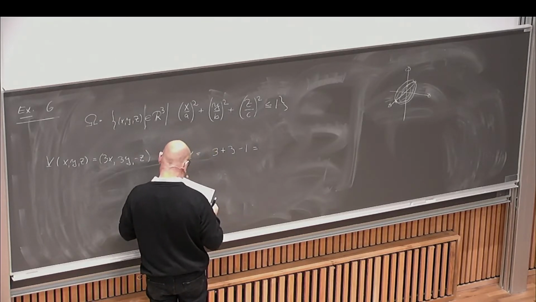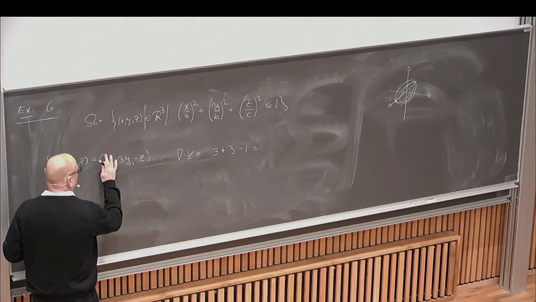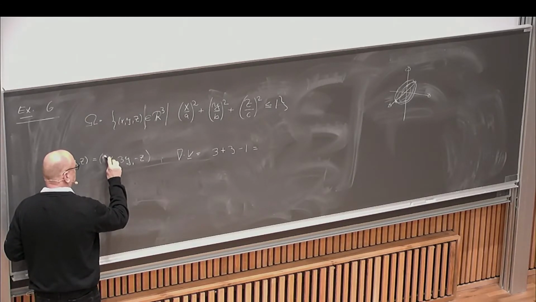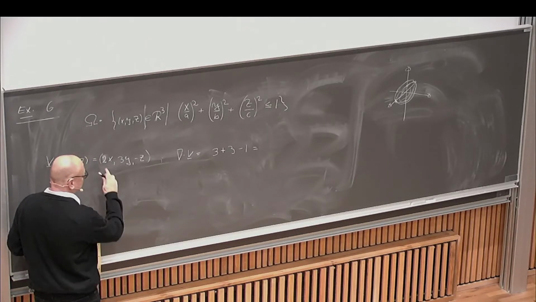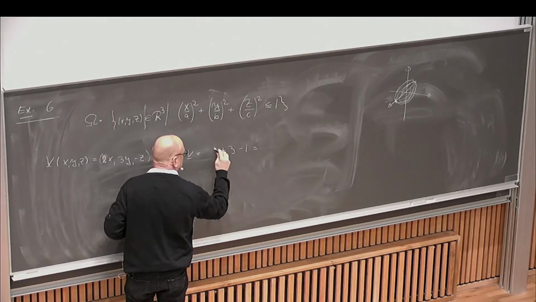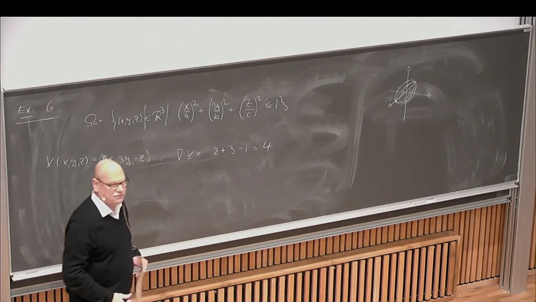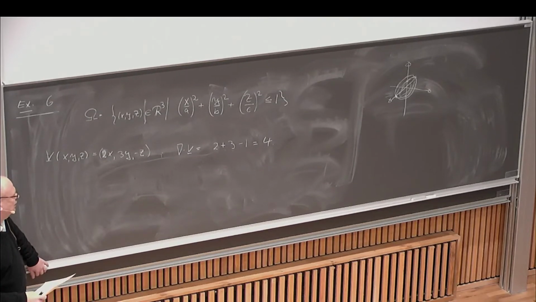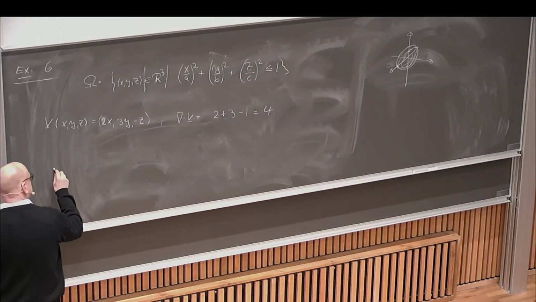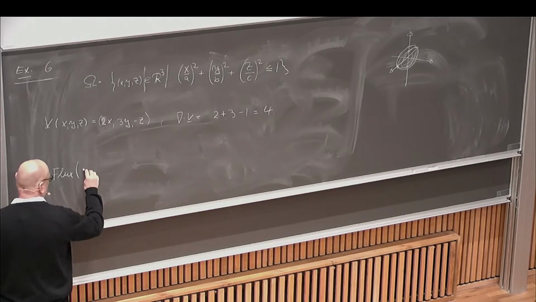So actually my example, I think it's also like that in the exercise, there's 2 here, so it should be 2. But the important thing is that it's equal to the constant 4. And since this is the case, then it's very easy to compute the flux.